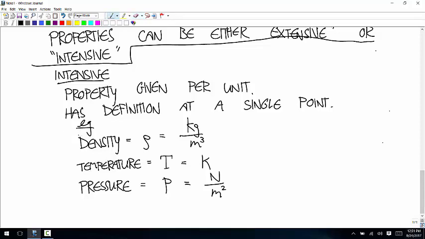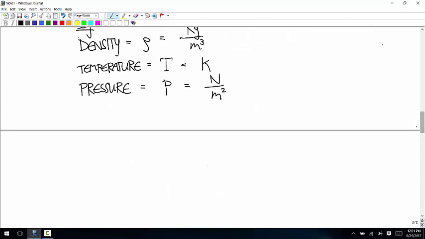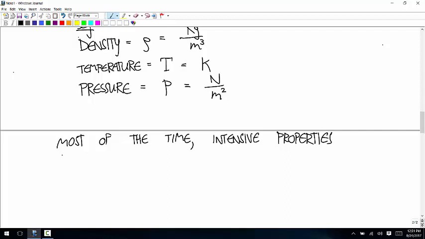Most of the time, intensive properties are symbolized by lowercase variable names.